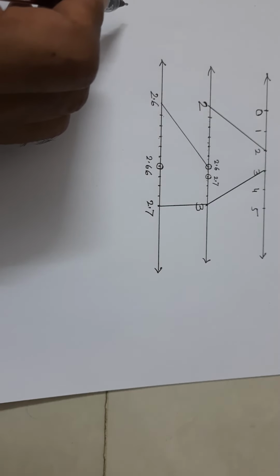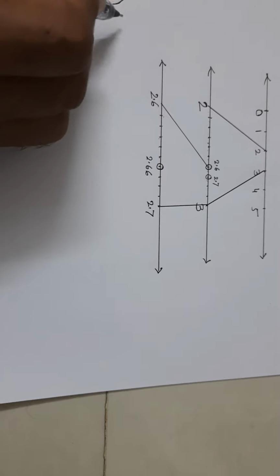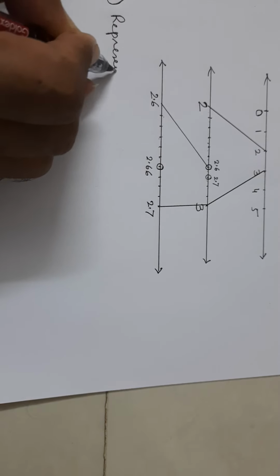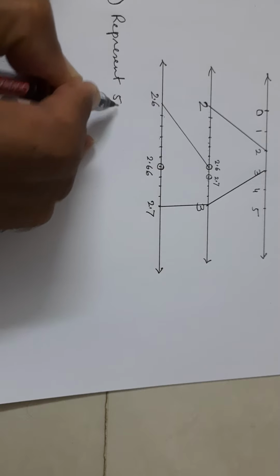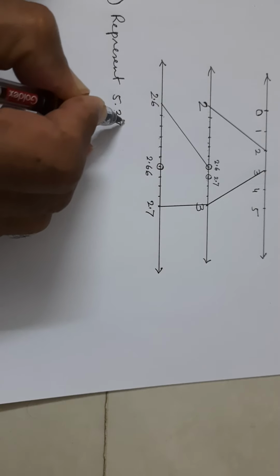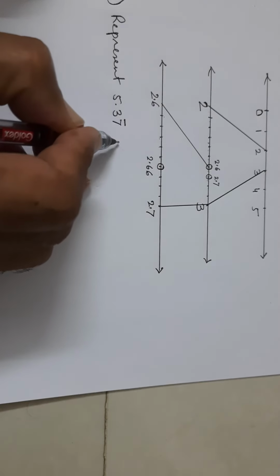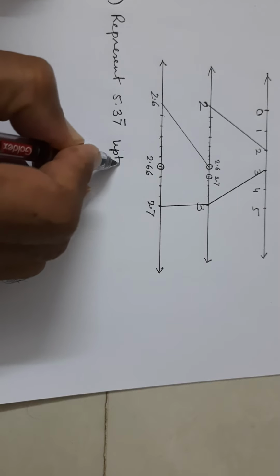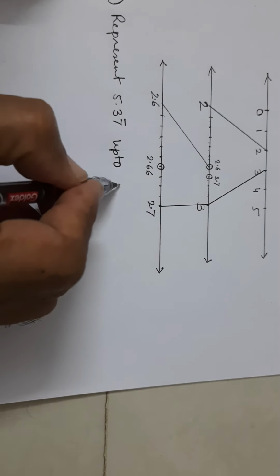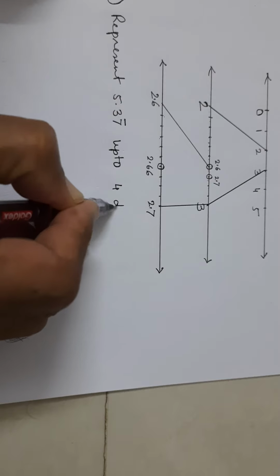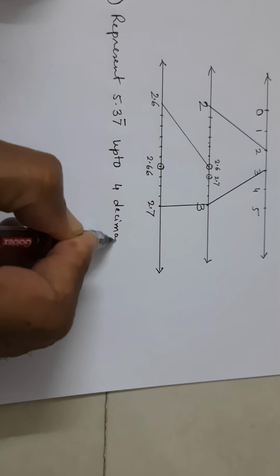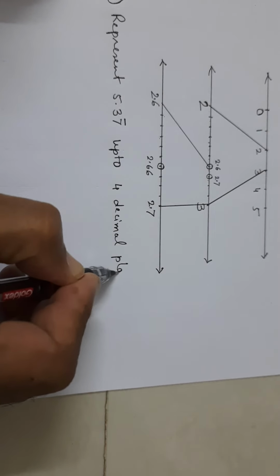We want to represent 5.37 with a bar over it, up to 4 decimal places.